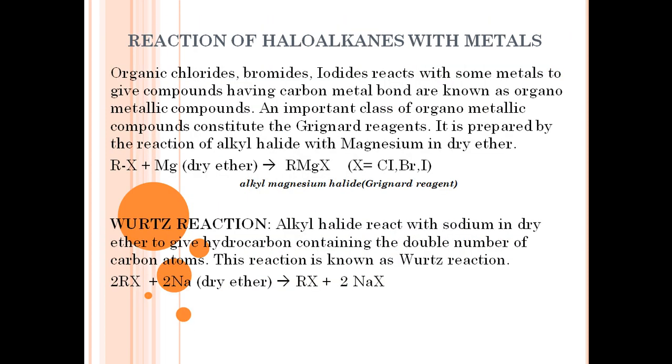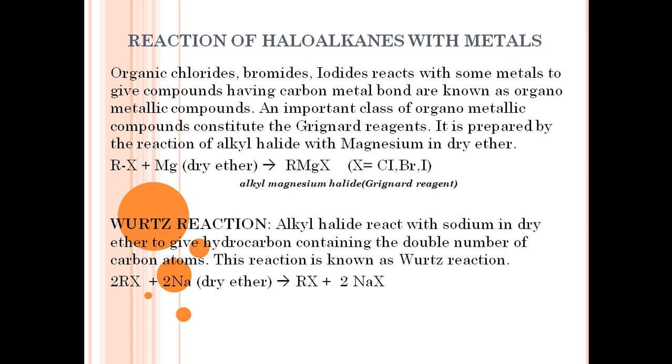Now, reaction of haloalkanes with metals. That reaction is also very important, by which we can prepare the Grignard reagent, which is used to prepare a large variety of organic compounds. Organic chlorides, bromides and iodides react with some metals to give compounds having a carbon-metal bond, known as organometallic compounds.